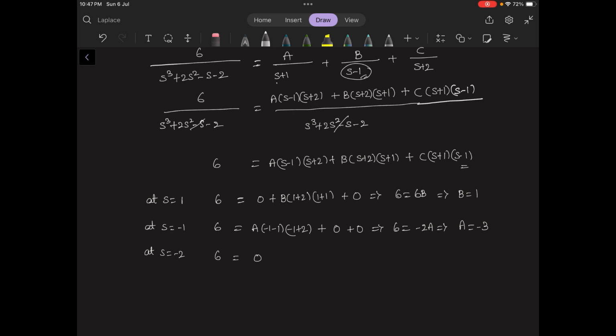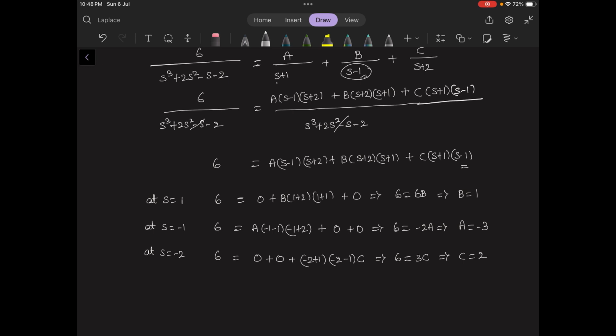The first term will become 0, the second term will become 0. Now the third term is minus 2 plus 1, minus 2 minus 1, into c, which implies 6 is equal to minus 2 plus 1, which is minus 1, and minus 2 minus 1, which is minus 3. So minus 1 into minus 3 gives plus 3, 3c, which implies c is equal to 2.